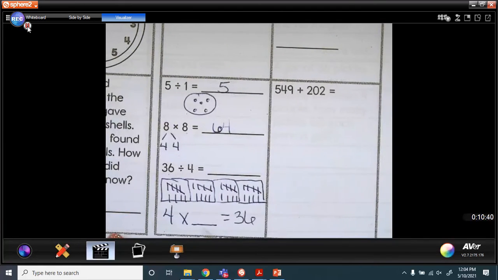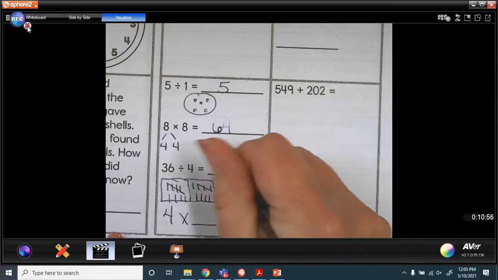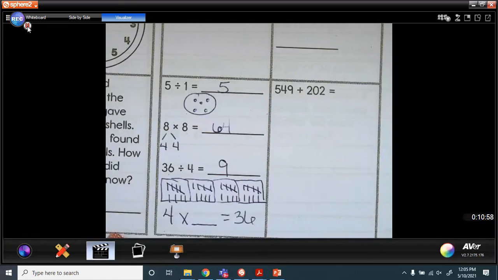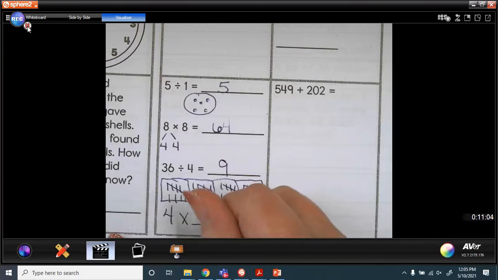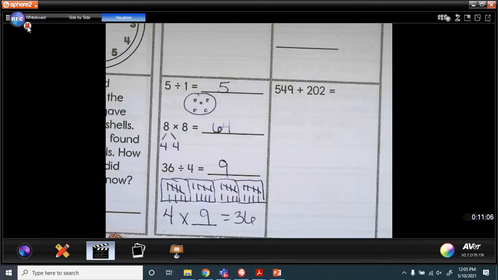So when I took these 36 objects and shared them equally into 4 groups, how many did I have in each group? Right, you can see that there's 5 and 4 makes 9. So there are 9 objects in each group. And so that also tells me that this missing factor is also going to be 9 as well.